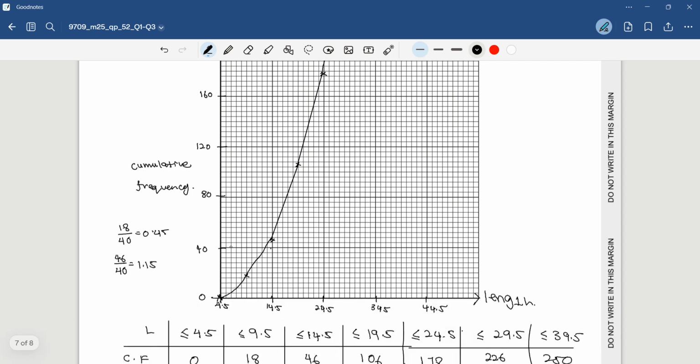So 1, 2, 3, 3.7, 3.87. So it's somewhere here.